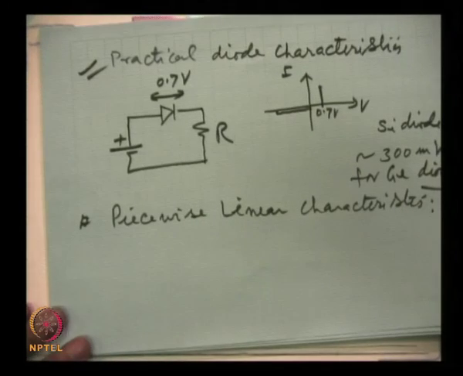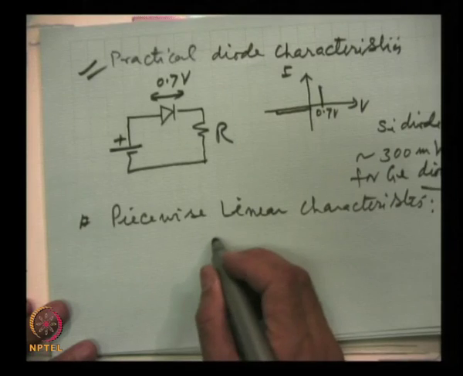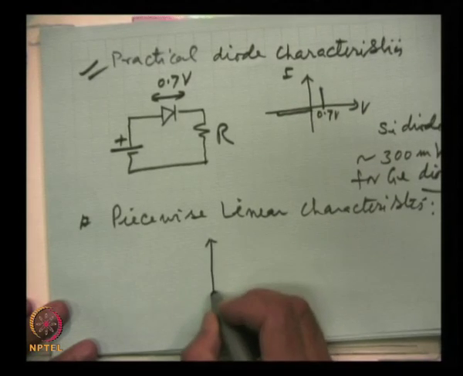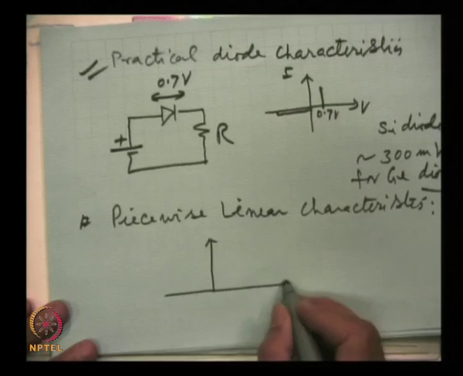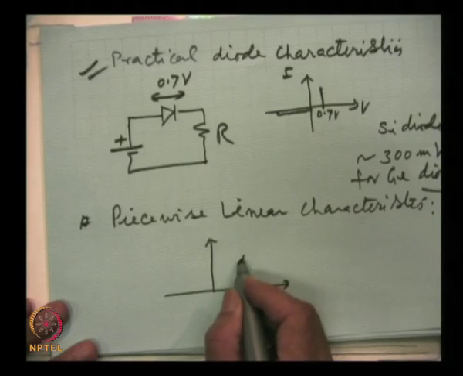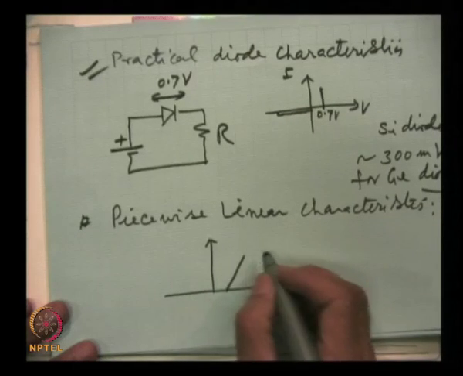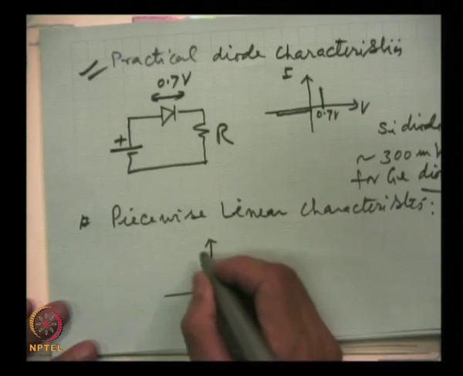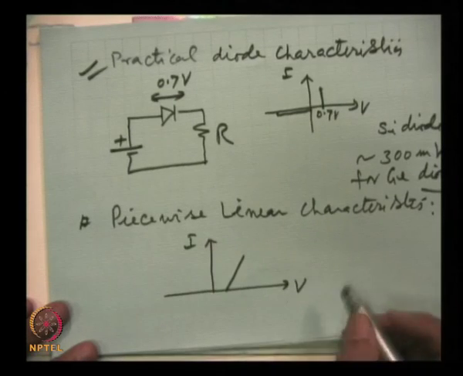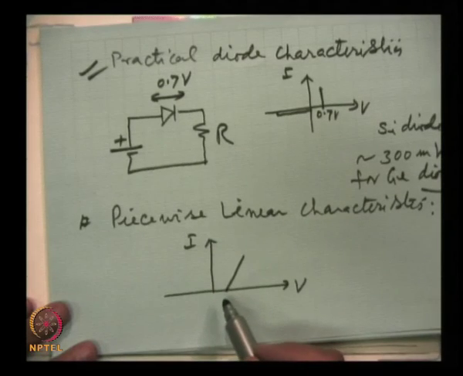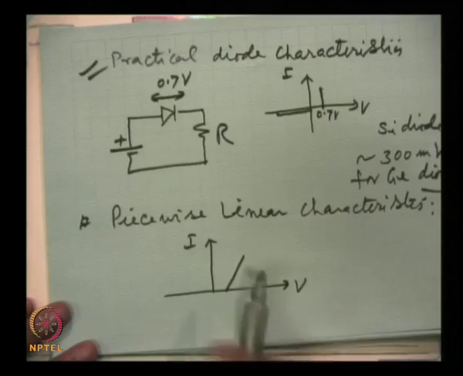Piecewise linear characteristics, and these are this, where the slope, because there is a large variety of diodes having different characteristics.